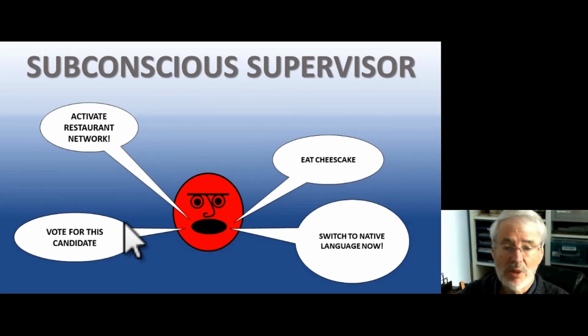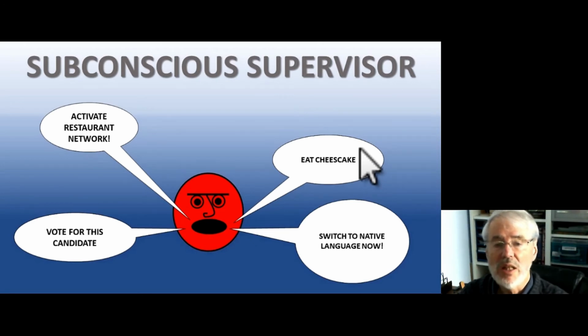Oh, well, it's because your subconscious supervisor has decided for you. It's biased you against what you think you really ought to have done, right? In the same way, you might think, I've got to give up fatty foods, and definitely, although I like cheesecake, I don't want to eat this one, but nevertheless you go ahead and eat it anyway, and you feel guilty, right? And this is because your subconscious supervisor has directed you to eat it anyway.